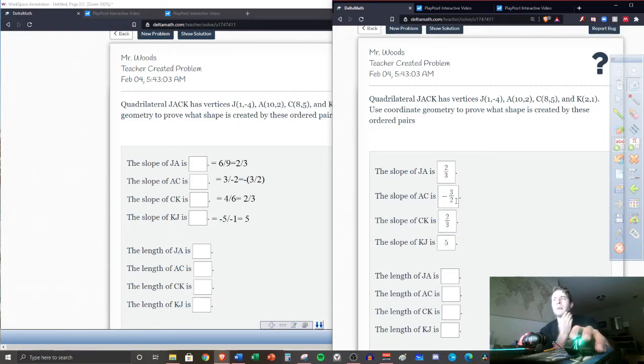It's kind of a weird shape. We have a pair, these are parallel here, okay? This one is perpendicular to these sides because it's the opposite reciprocal right there. But then this 5 kind of throws everything off. It's kind of weird, okay? But that should be correct what we did there, okay?